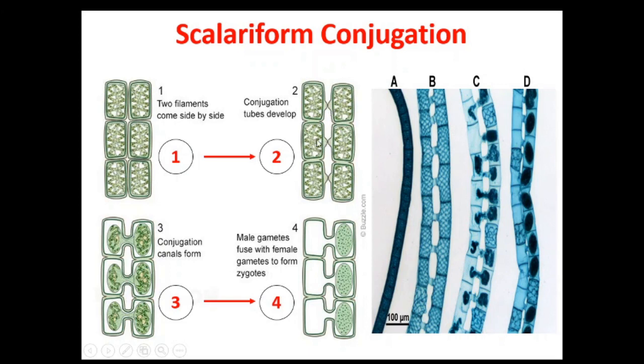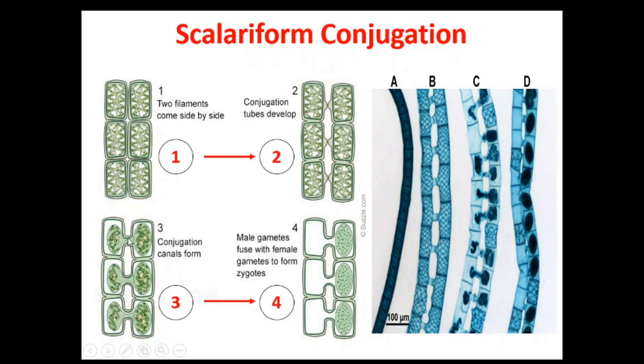Here also you can see this cell has started sending this protuberance and this cell also has started sending this protuberance. So all cells in the two filaments start sending protuberances towards one another. This is the next step in the conjugation process.